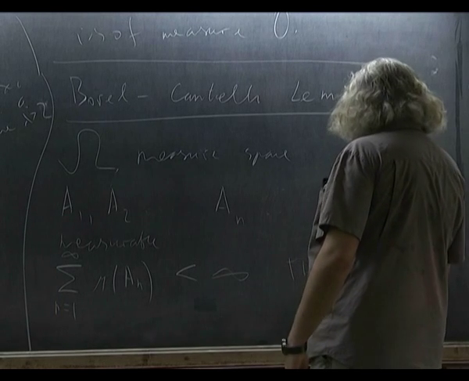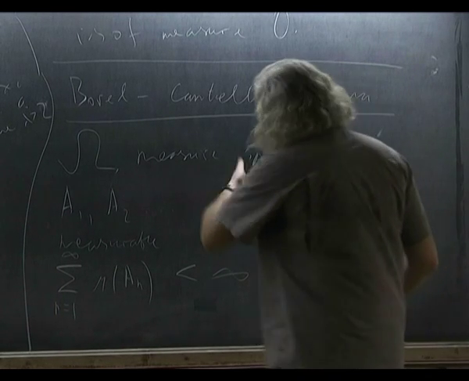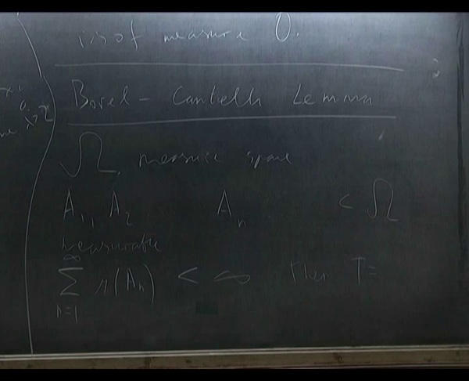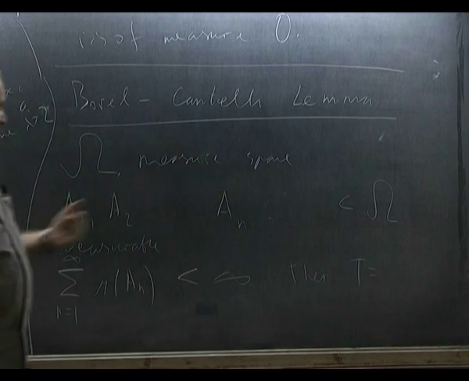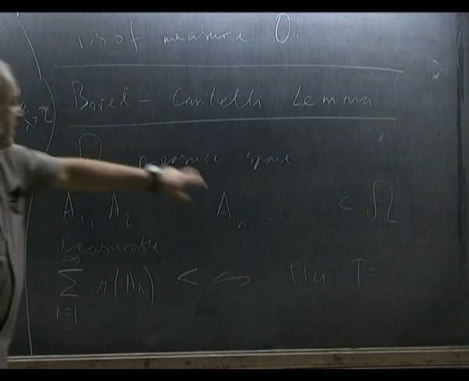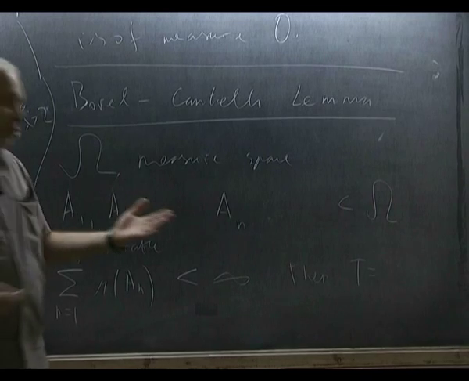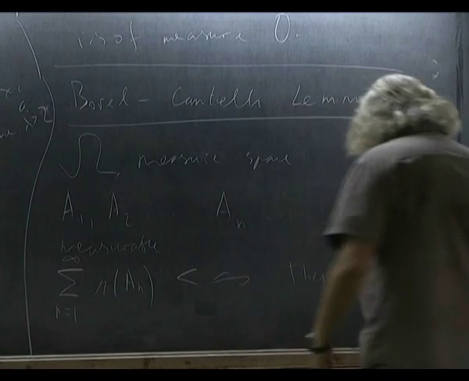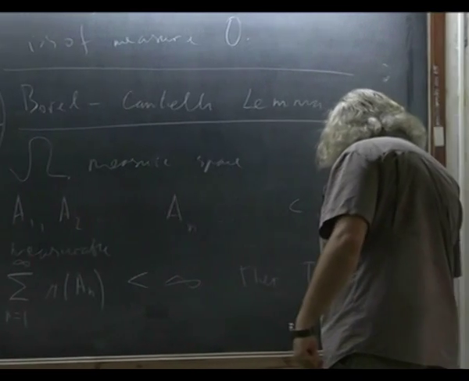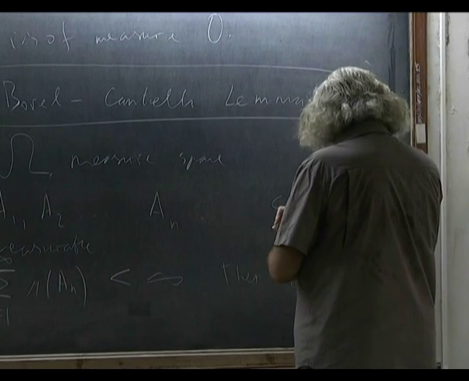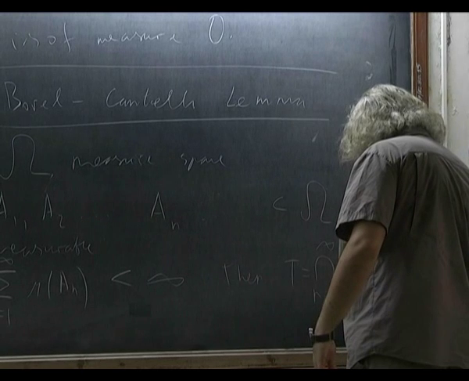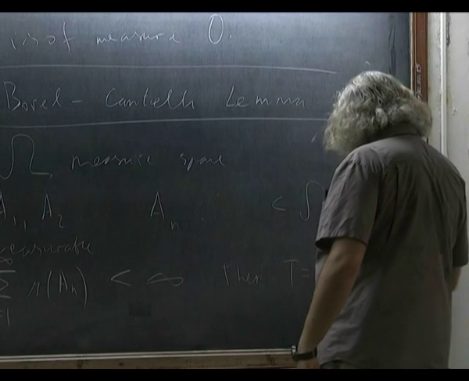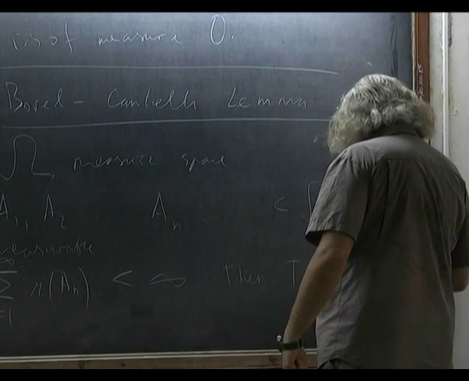The tail set. What is the tail set? The tail set is the set of all points in the measure space which belong to infinitely many of these sets. So what will it be? It will be the intersection for all n to infinity of unions from k from n to infinity of A_k.